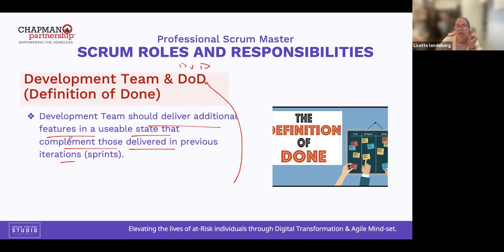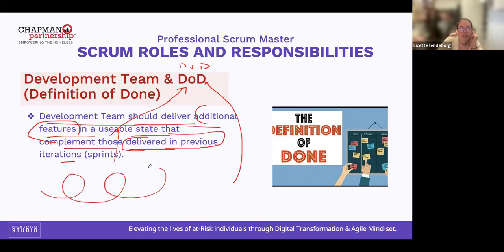The development team should deliver the additional features in a usable state. What is a usable state? One that complies with the definition of done is usable. So the definition of done must include the specifications for the increment to be used, which is usable, that complement those delivered in previous iterations.